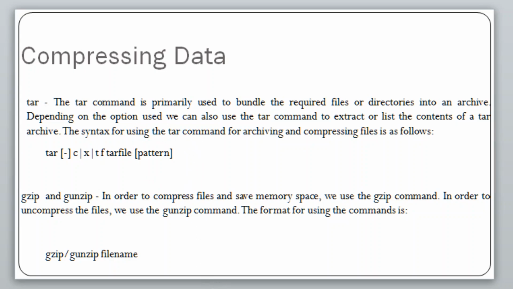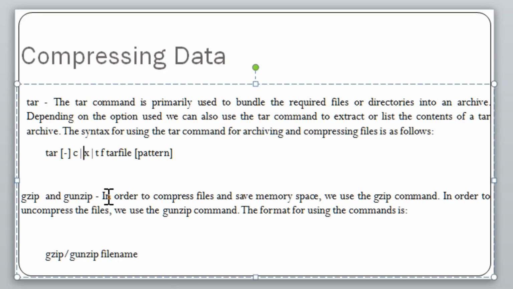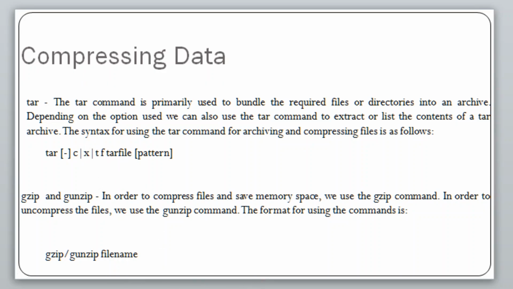So I want you guys to go ahead and write what I'm about to say down. I'm going to tell you the flags for the tar command, the most commonly used ones. First one is going to be C here, which is listed. This is for create. Next is X. X stands for extract. Next one's going to be verbose, which isn't listed here. Verbose means it's going to show the progress of the archive file.